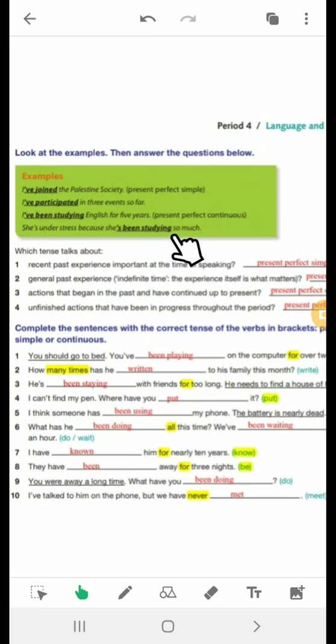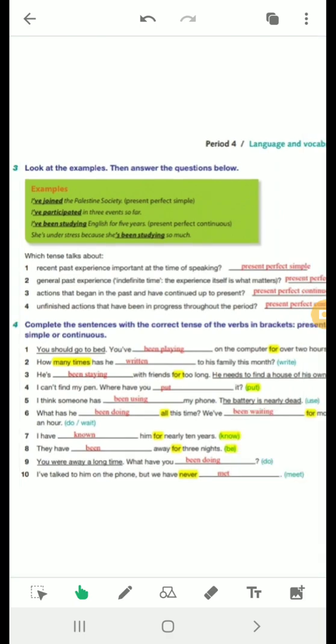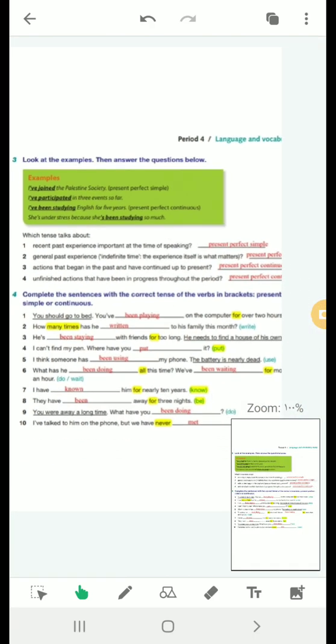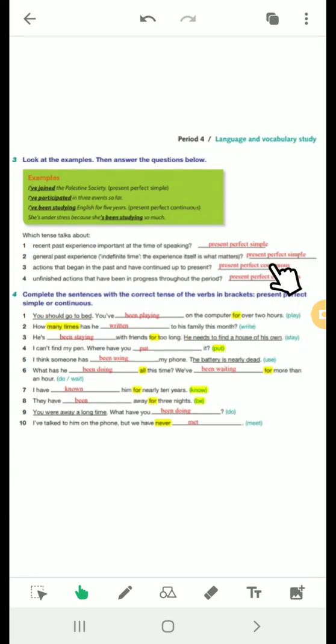Has been studying. Now, which tense talks about recent past experience? Recent past experience, important at the time of speaking, means it affects the present. It's present perfect simple. Number 2, general past experience, indefinite time. The experience itself is what matters. Present perfect simple.